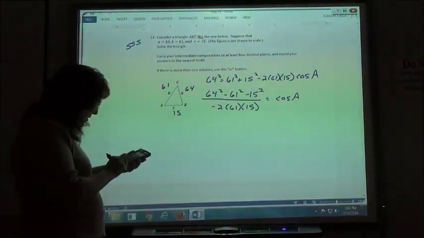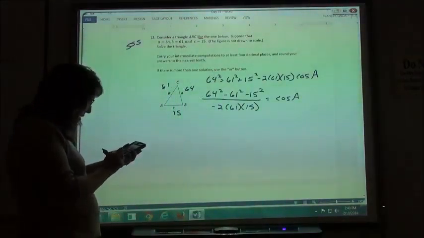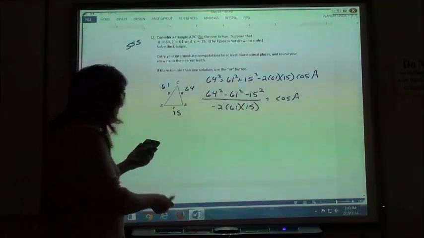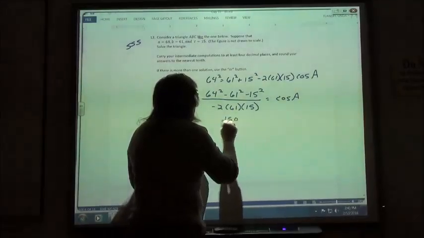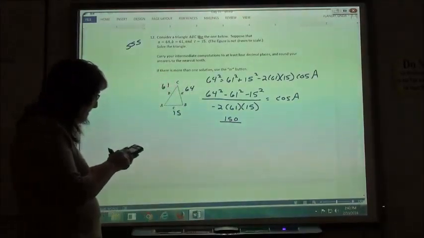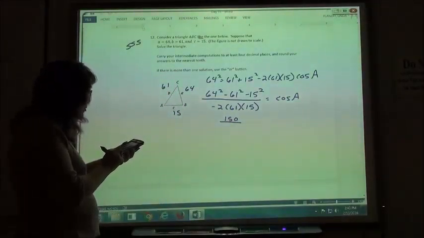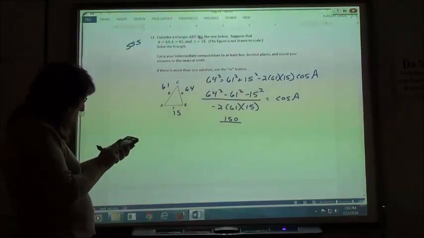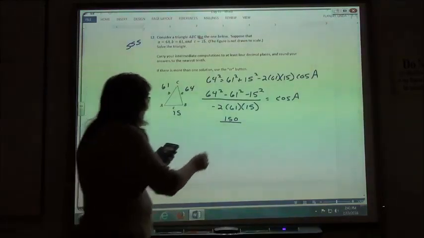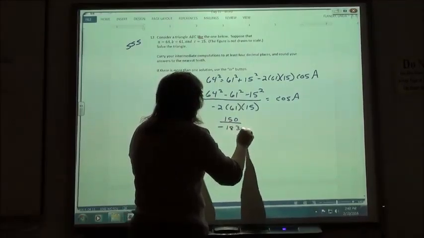Simplifying the top, 64 squared minus 61 squared minus 15 squared would give me 150. It was positive that time. And negative 2 times 61 times 15 gives me negative 1830.